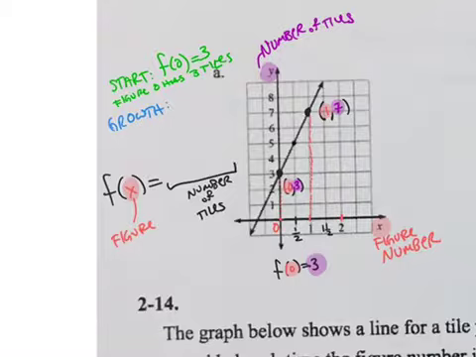And then we went from figure 0, we went forward plus 1 in the x direction, which told us to increase our figure number from 0 to 1, and then we found what happened to the output, traced to the new output, and we had to go from 3 to 7, which is a change of plus 4 tiles.